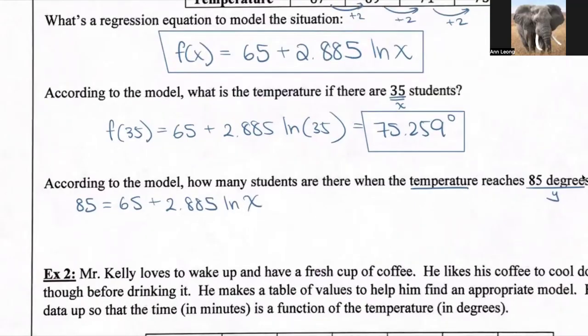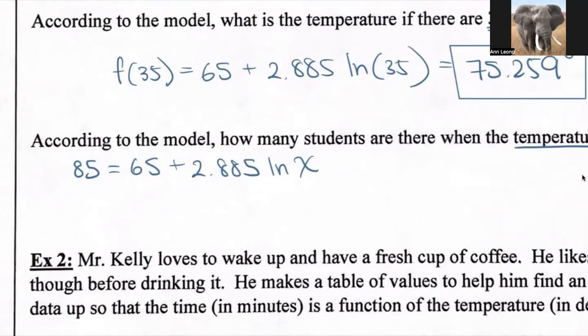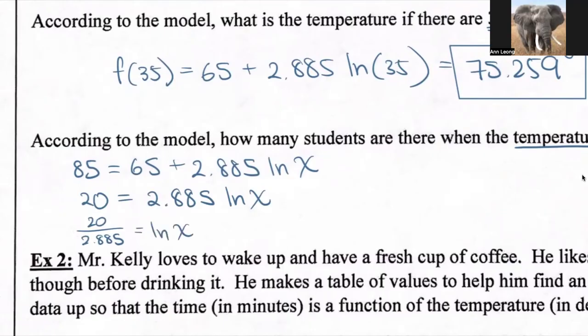There are different ways you can do it. You can do it algebraically, or if you have a graphing calculator, you can graph the function and see where it intersects the graph y equals 85. Since my calculator is not playing nice, I will just do this algebraically. I'll divide, and to get rid of the ln, you can rewrite that in exponential form.